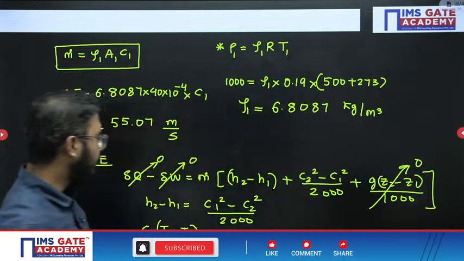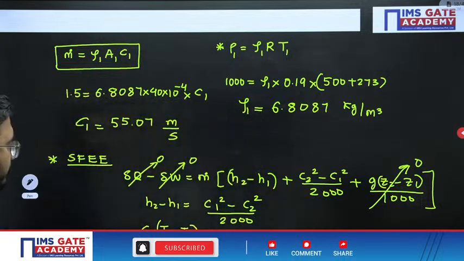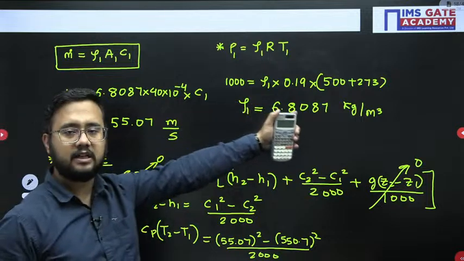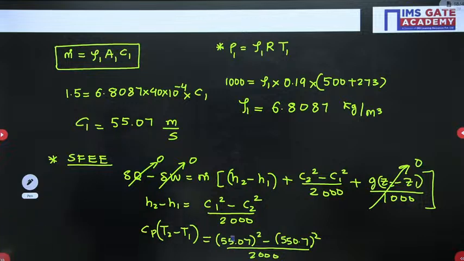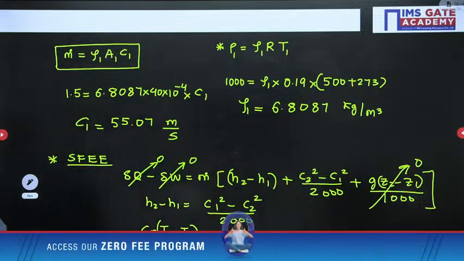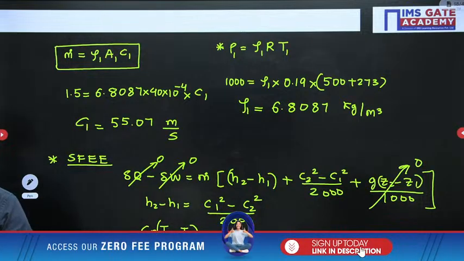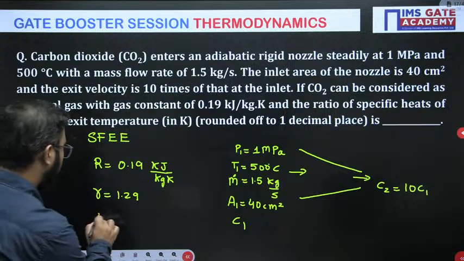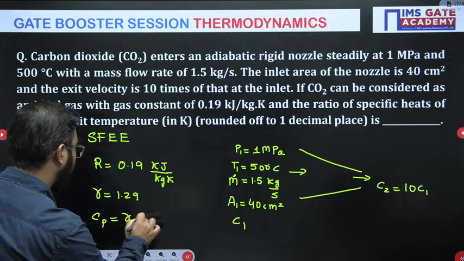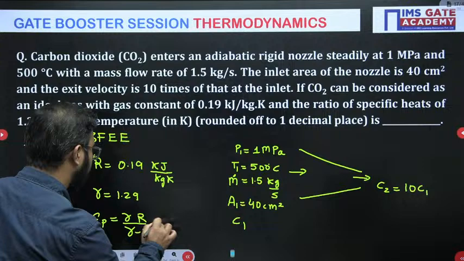So please do it fast. T1 temperature we already have, it is given in the question, 773. What is the T2 answer? 322.79. What about Cp? Cp they have not given, so how will you use it? Cp will be written as gamma into R upon gamma minus 1. Remember this formula directly.